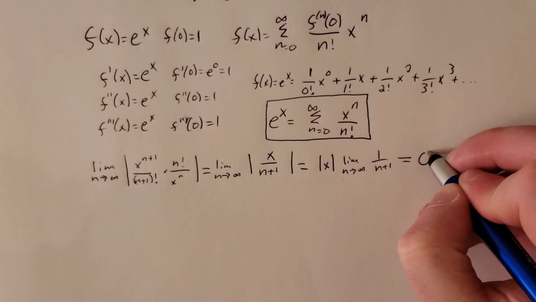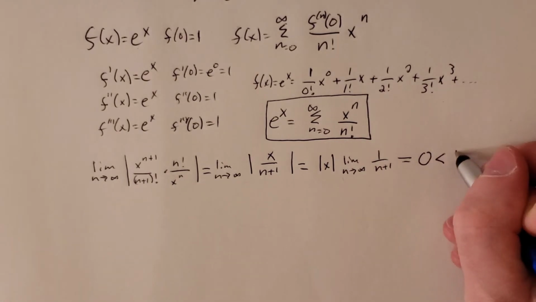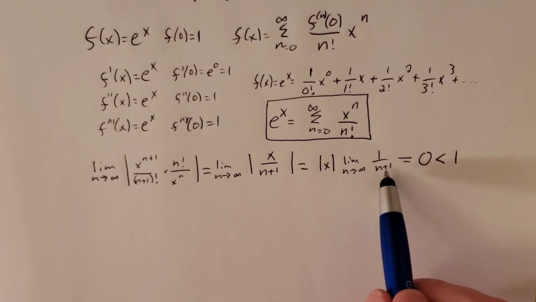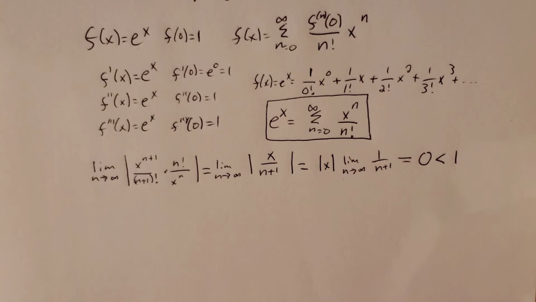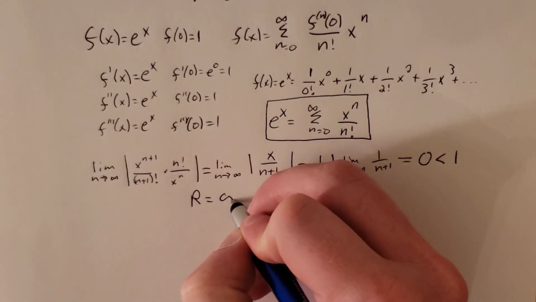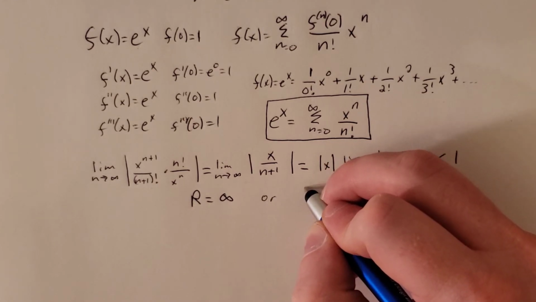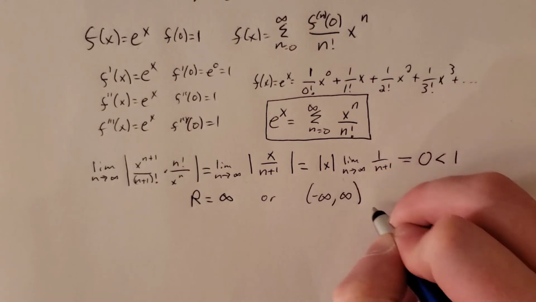So this whole thing is 0, which is always less than 1, for every value of x. So for every value of x, our series is convergent. So our radius of convergence is infinity, or our interval of convergence is negative infinity to positive infinity.